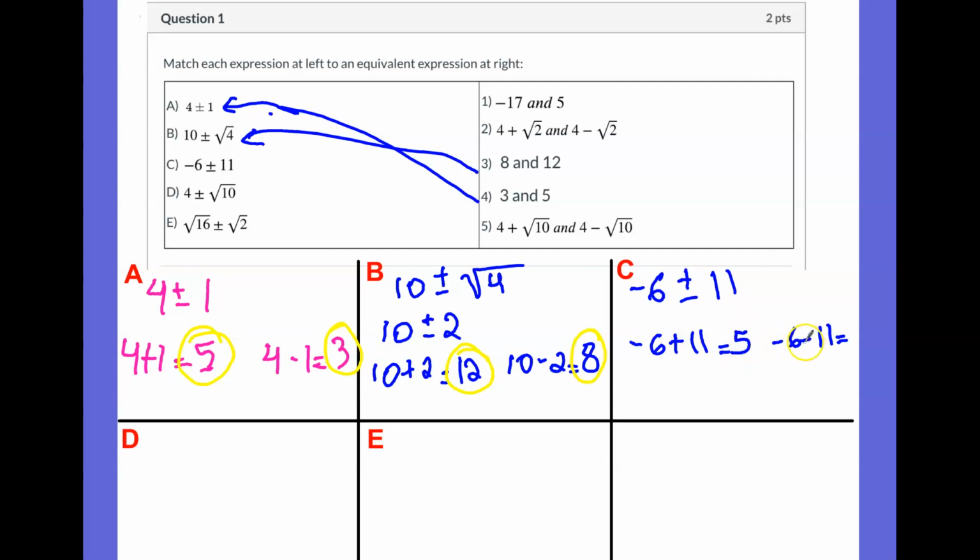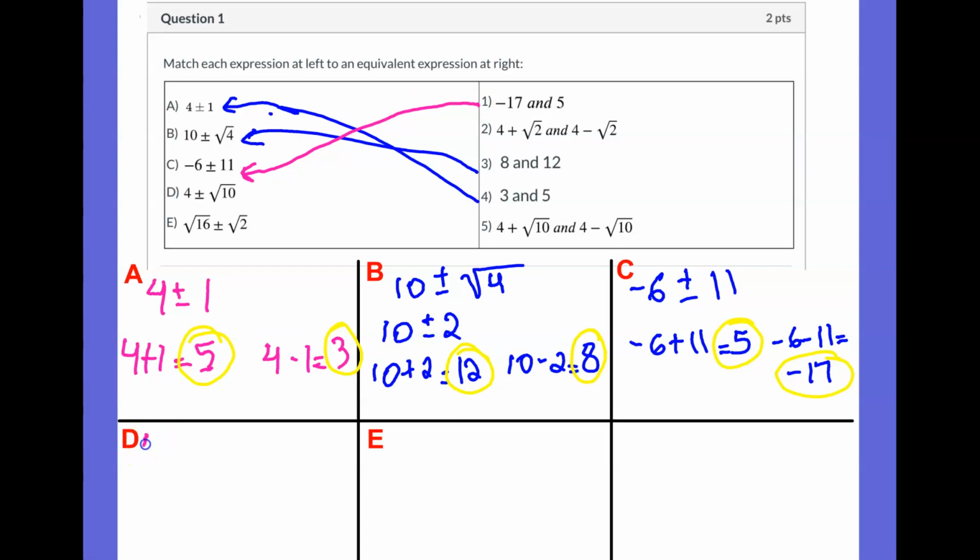Negative 6 minus 11 is negative 17. So let's see if we can find positive 5 and negative 17. So here we have negative 17 and positive 5, so I know that C matches 1.